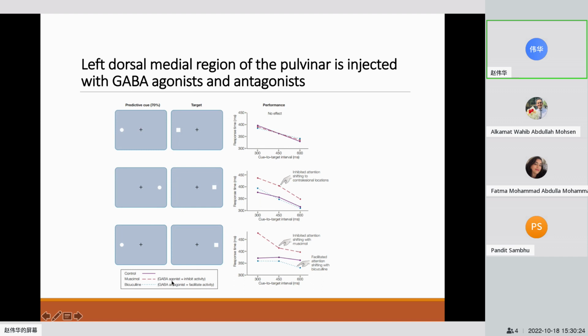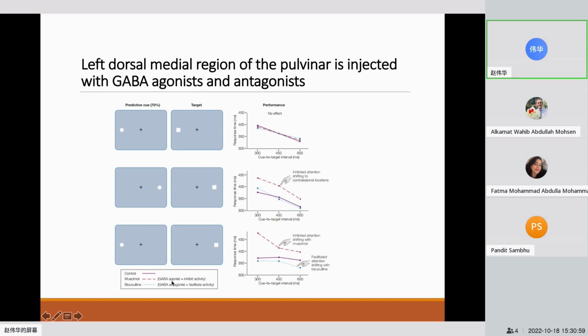It's a GABA agonist that inhibits neural activity and temporarily deactivates the neurons in the dorsal medial region of the pulvinar. Following this injection, the monkeys had difficulty orienting attention covertly to targets in the contralateral visual field. They also had difficulty filtering distracting information or discriminating color.